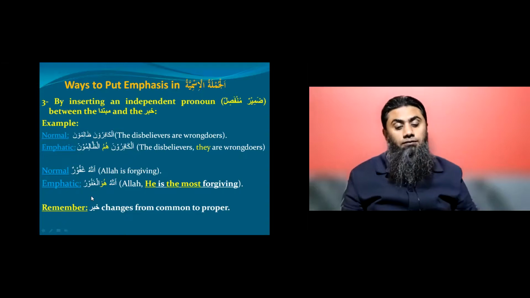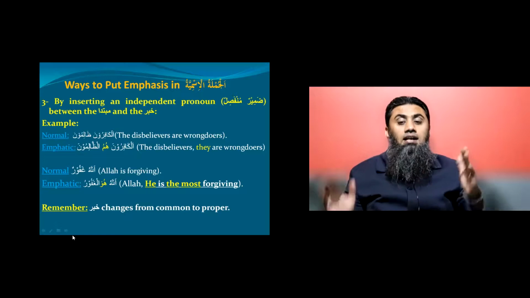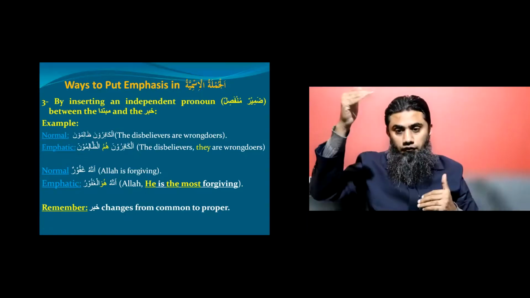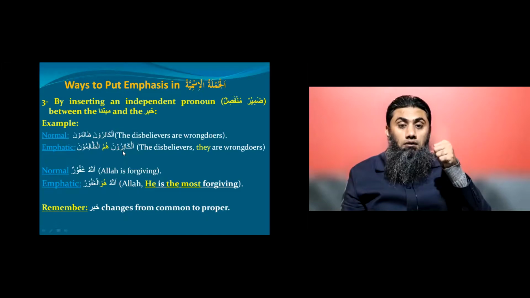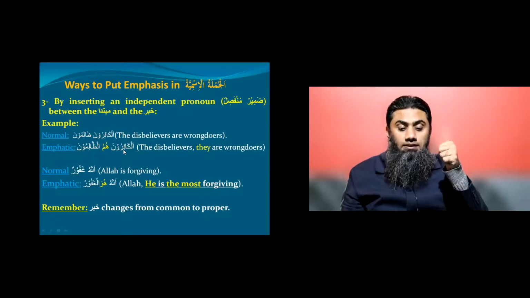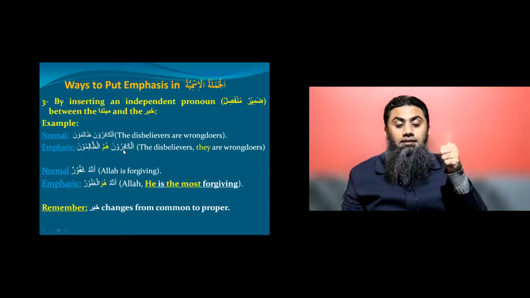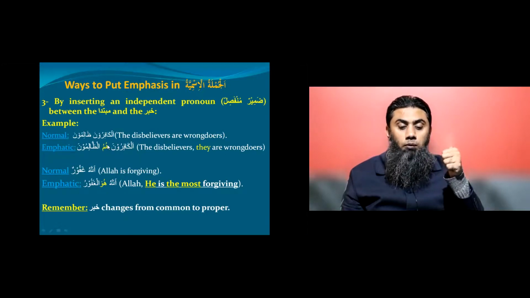One last thing about this one. How would you decide, because the independent pronoun chart has altogether 14, which one to use? You decide this according to the first part, the mubtada. Al-kafiruna was plural, third person, plural, masculine. So you use third person, plural, masculine, whom. Allahu was third person, masculine, singular, so you use huwa.